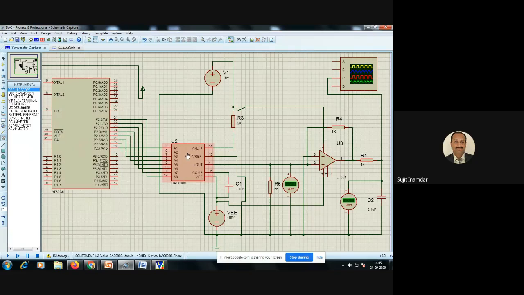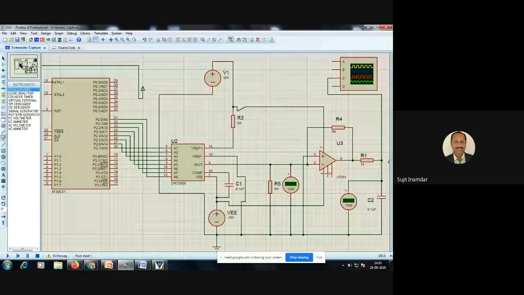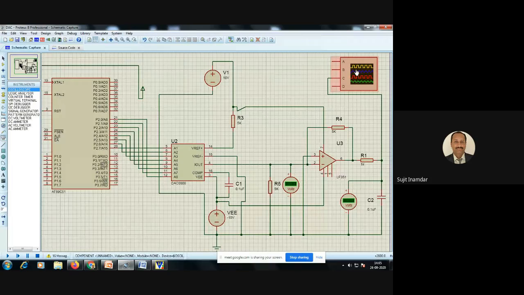After that, this DAC 0808. This is mandatory. And this is the external circuitry which we have seen. So LF351, this is the op-amp used for converting the current into the voltage. And this voltage is shown on this oscilloscope.